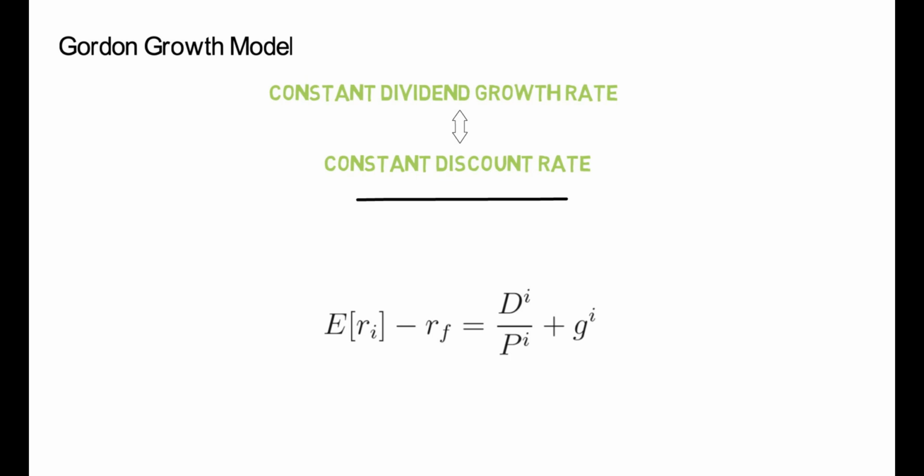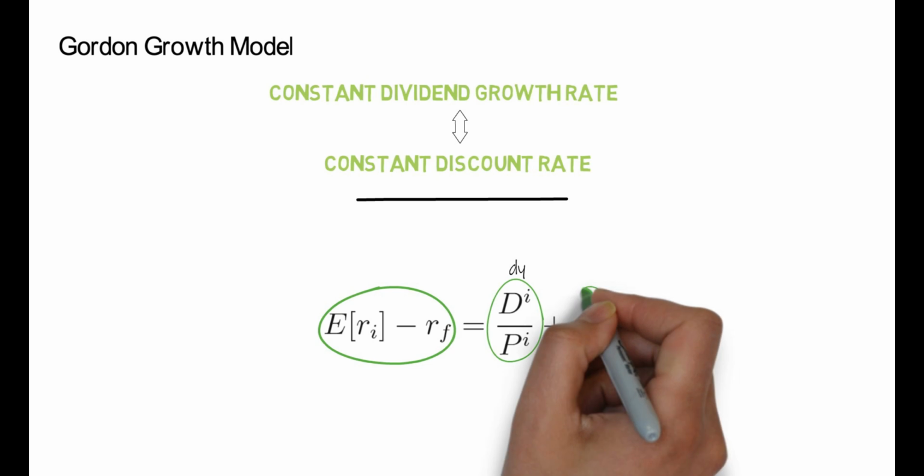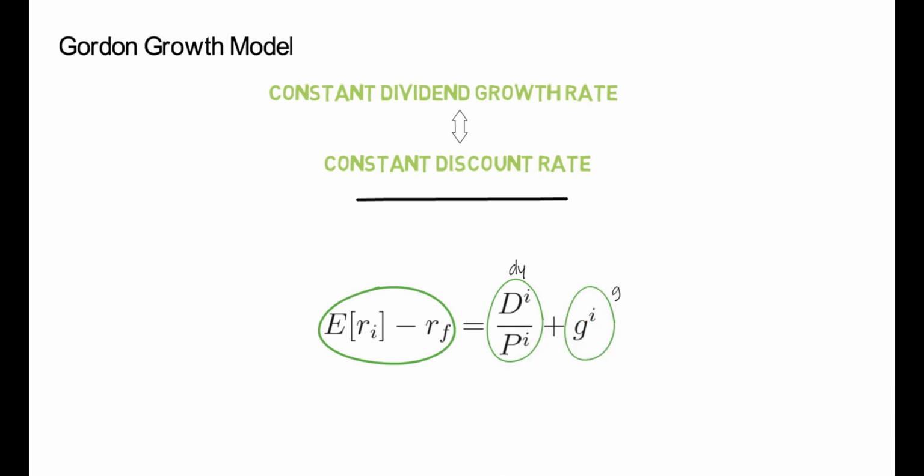The Gordon model implies that the expected equity risk premium of a firm i equals the current dividend yield plus expected dividend growth, as denoted in the equation here. So if asset i has currently a dividend yield of 5% and an expected dividend growth rate of 2%, the model implied expected equity risk premium would be 7%.